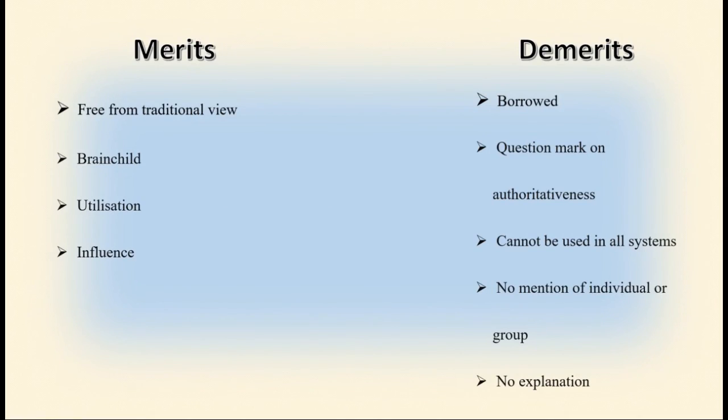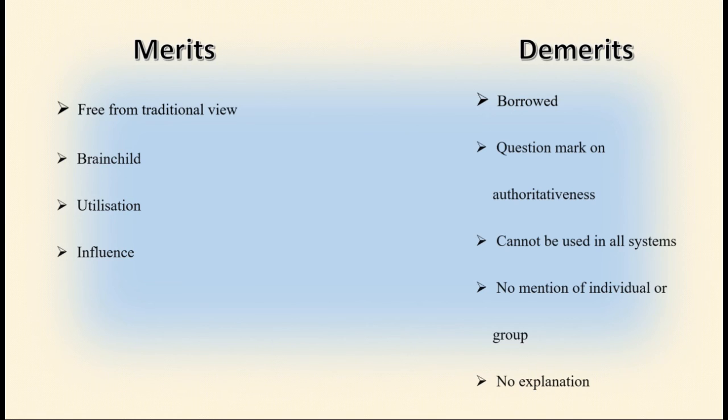Merits of David Easton's system analysis. First, free from traditional view. By adopting the concept of system, political science is free from traditional leanings. Second, brainchild. His approach is the brainchild of behavioral revolution or a blueprint for developing empirical political theory. Third, utilization.